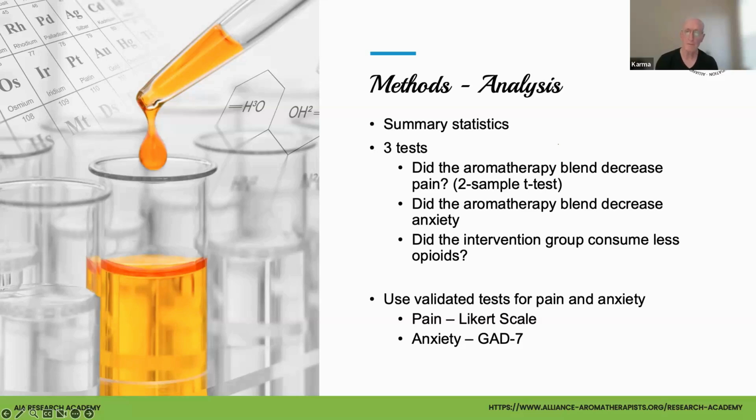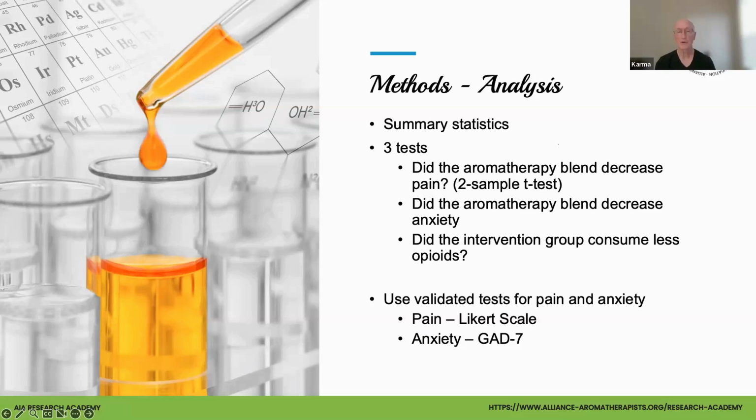So in this little pseudo experiment that I've designed, did the aromatherapy blend decrease pain? So that's one test. Did the aromatherapy blend decrease anxiety? That's another test. And did the intervention group consume less opioids than the control group?